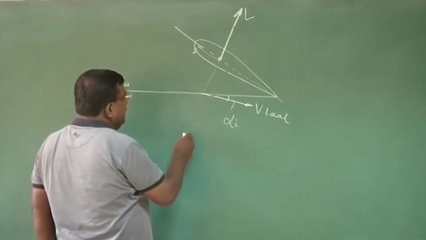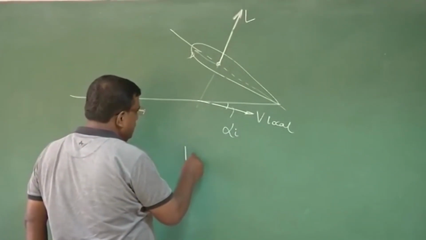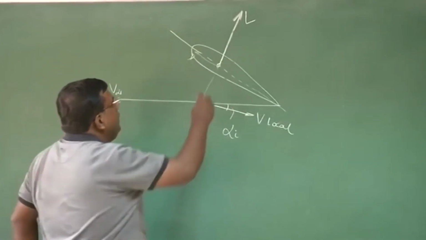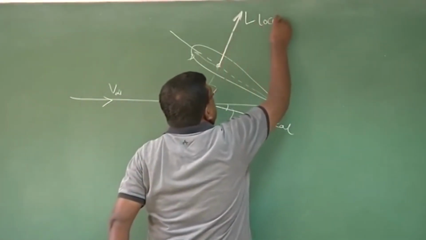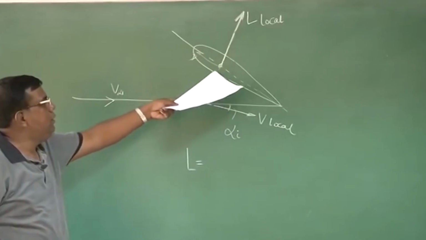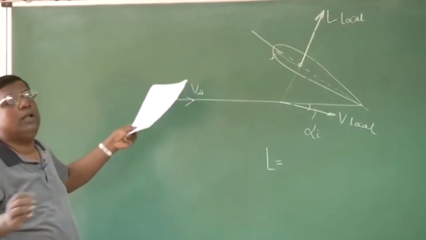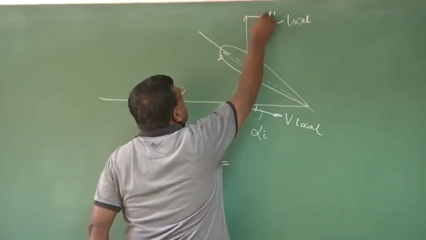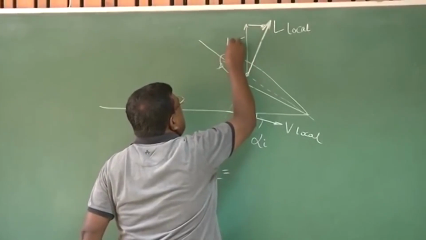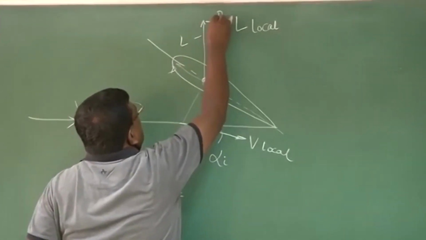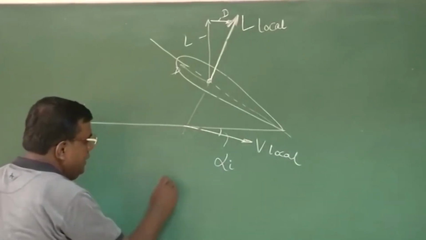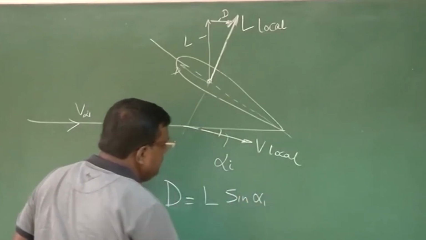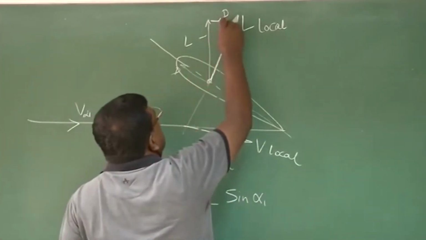Now, since I want to define lift and drag, I have to resolve this lift, which I will call local for clarity. That should be perpendicular to the free stream direction for the overall aircraft. So if I take the component, this is the lift and this is the drag. Okay. So if I now try to write the drag, you see this will be L sine alpha I, this component, right?